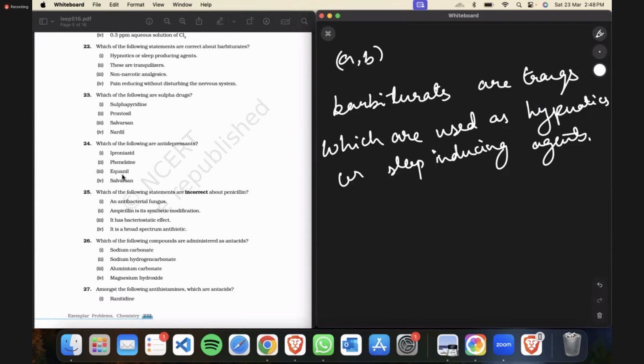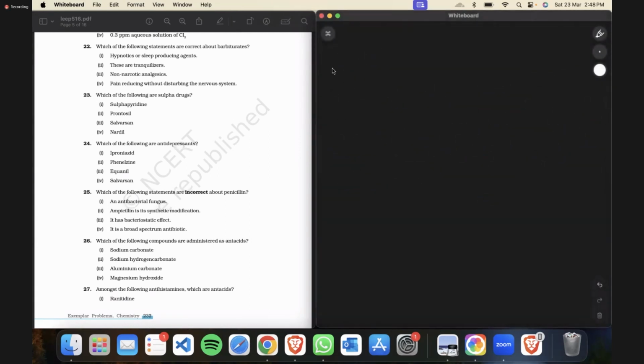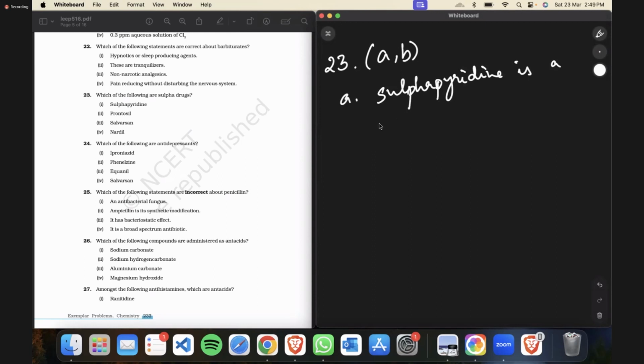So sulfapyridine is a sulfonamide antibacterial drug.